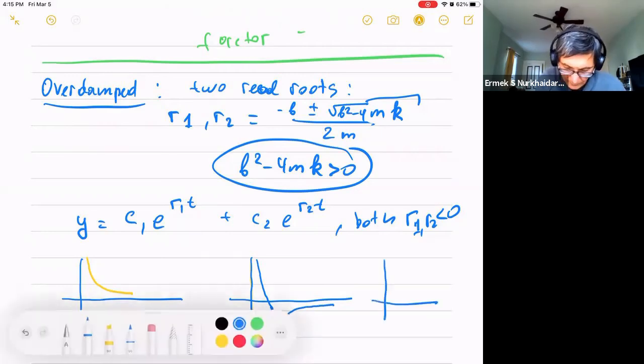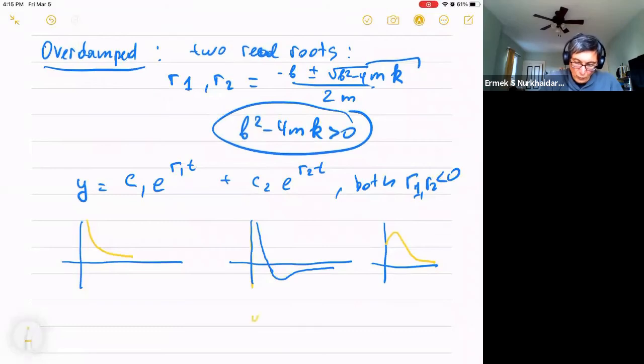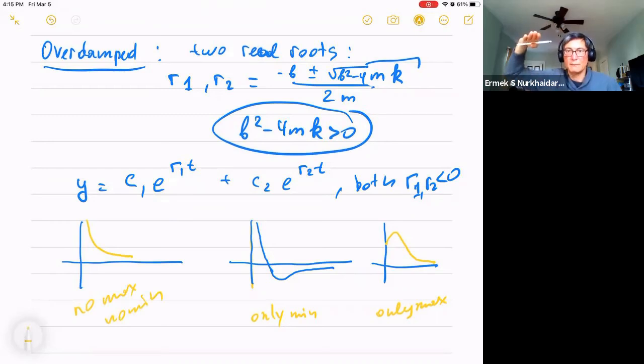Or the third picture, it might be pushed upward and then stabilized. So we might have only a min, only a max, or no max and no min. Those are three possibilities. So it will do at most one oscillation and then just stabilize. It's a bit weird.